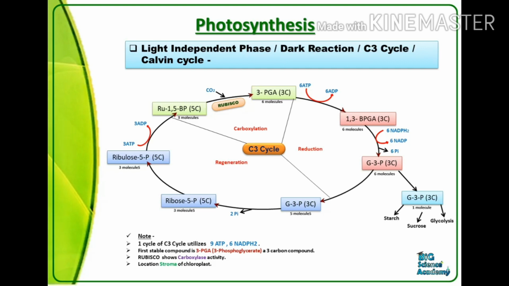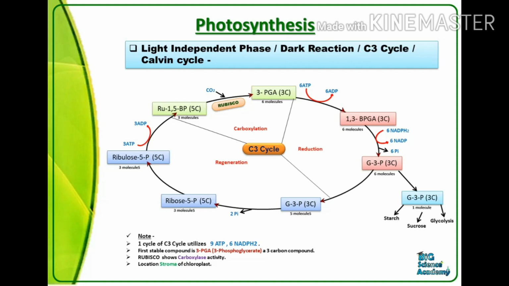So in the regeneration phase, we see that 5 molecules of G3P are utilized to produce 3 molecules of ribose 5-phosphate, and these 5 carbon containing sugars are then converted into ribulose 5-phosphate, which is also a 5 carbon containing sugar. The ribulose 5-phosphate molecules are then converted into ribulose 1,5-bisphosphate by the utilization of 3 ATP molecules.